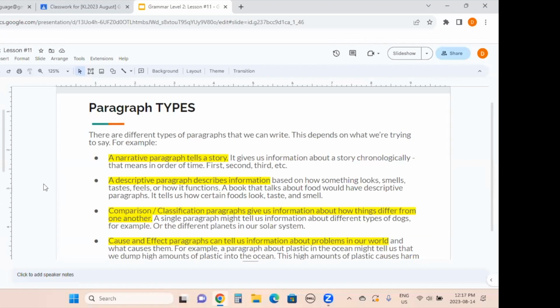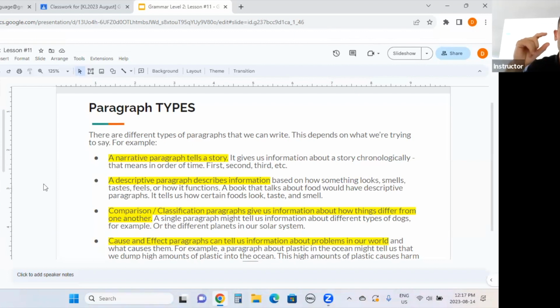Okay. This last one, Jack, I'm going to ask you to read this one very slow. This is probably the most difficult of all the paragraph types. So right where it says cause and effect, Jack, I want you to just read that. Okay, let's talk a bit about the last one. If something is cause and effect, it means we've got a problem and then it has a result.